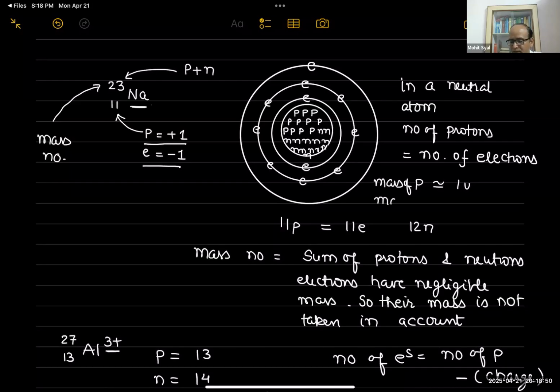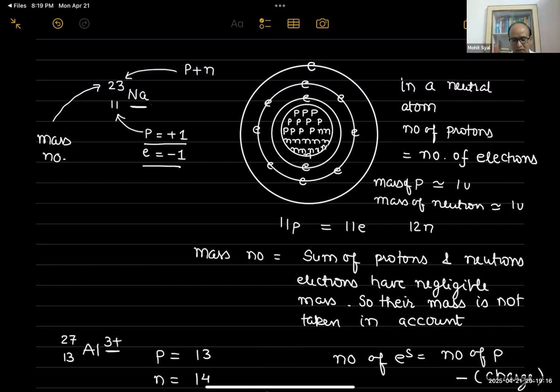The mass of the neutron is also approximately equal to 1. Electrons have negligible mass, so don't take them into account while counting the mass. U is some unit, I will explain what U is. As of now, you can consider it as just 1 unit.